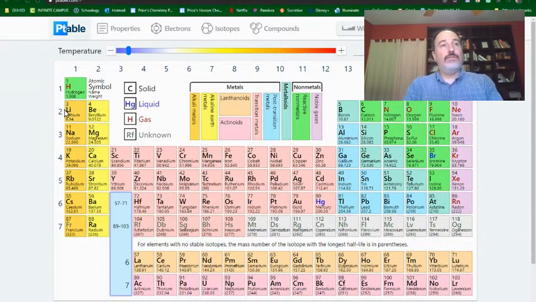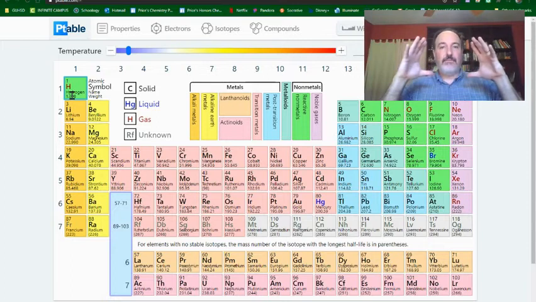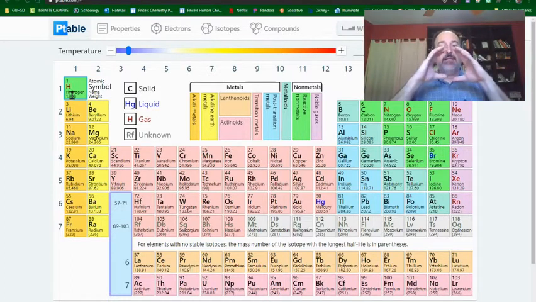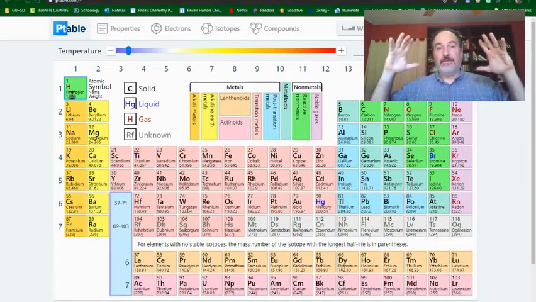And then the rows, or periods, correspond to how many energy levels there are. Remember, we learned before that an atom is like an onion, or an ogre. It has layers, and the electrons occupy these layers.